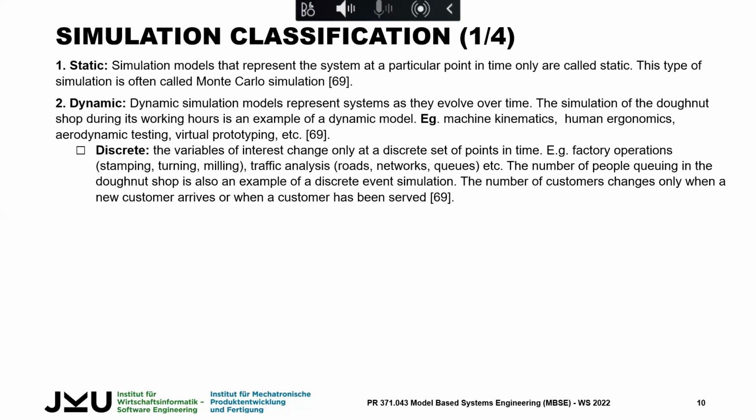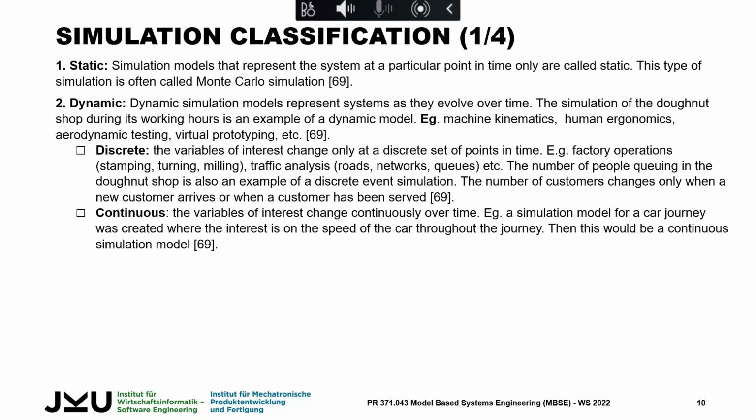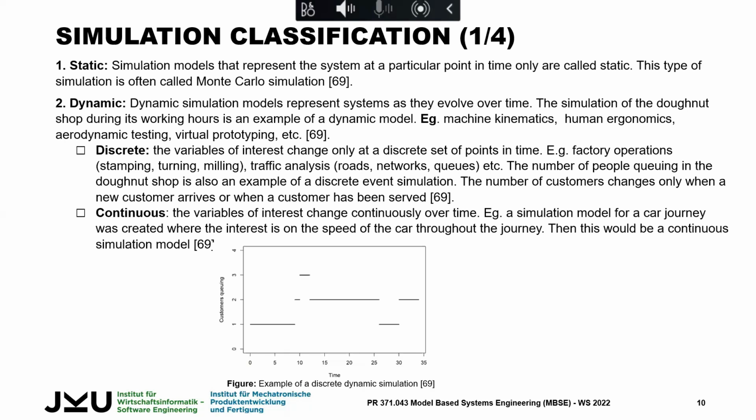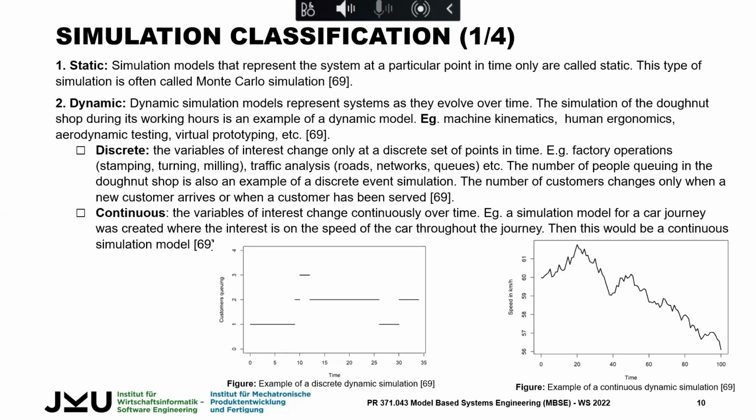In the discrete one, the variable of interest changes only at a discrete set of points in time. I will also show a diagram, so maybe then it's easier to understand. This one is discrete dynamic simulation, and this is continuous dynamic simulation.